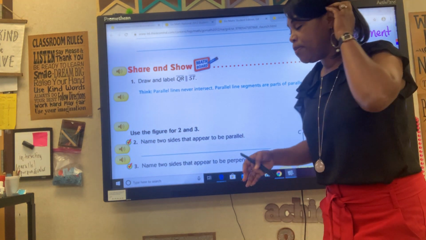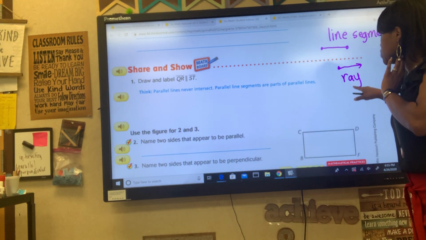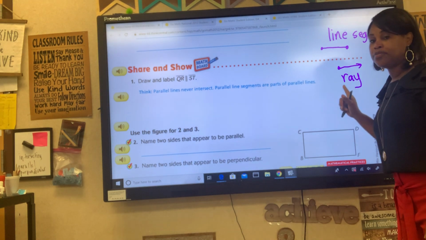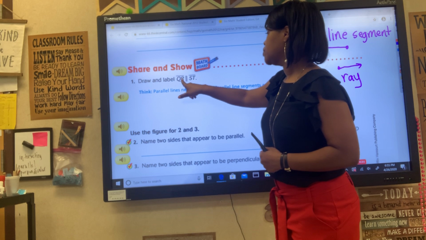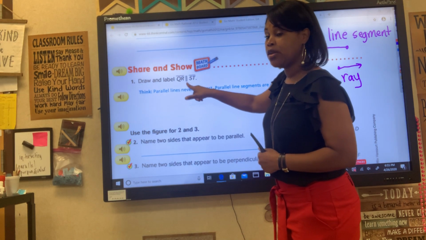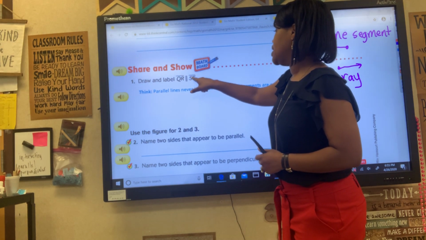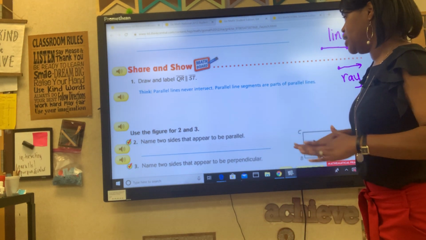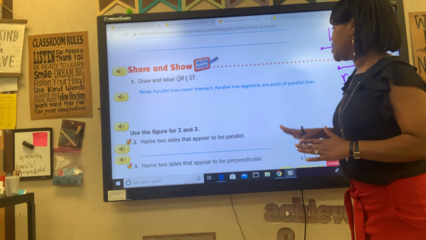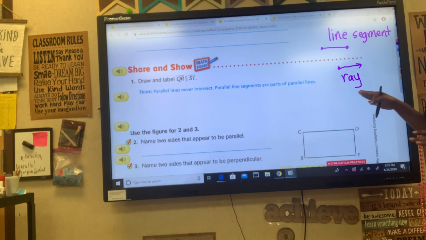If you flip over a couple of pages, you'll see these symbols and you will see them identified. So this is line segment QR. It's parallel to, you see the parallel symbols, line segment ST. So I want you to think about how parallel lines never intersect. Parallel line segments are parts of parallel lines.